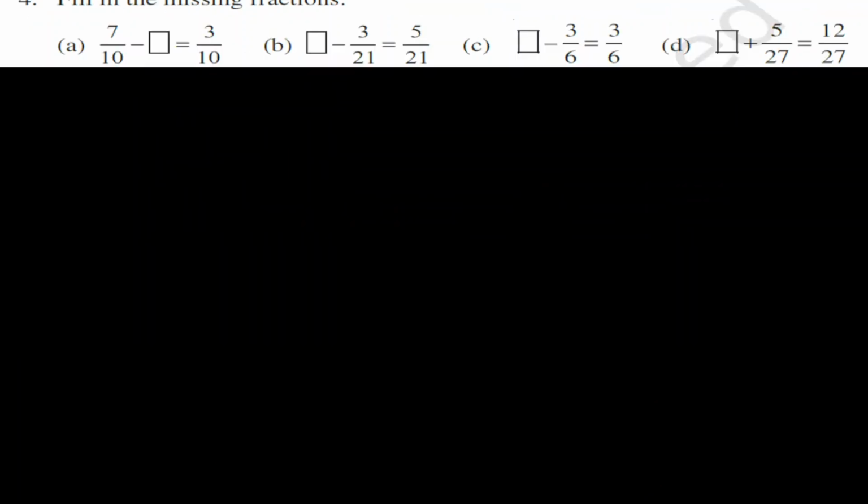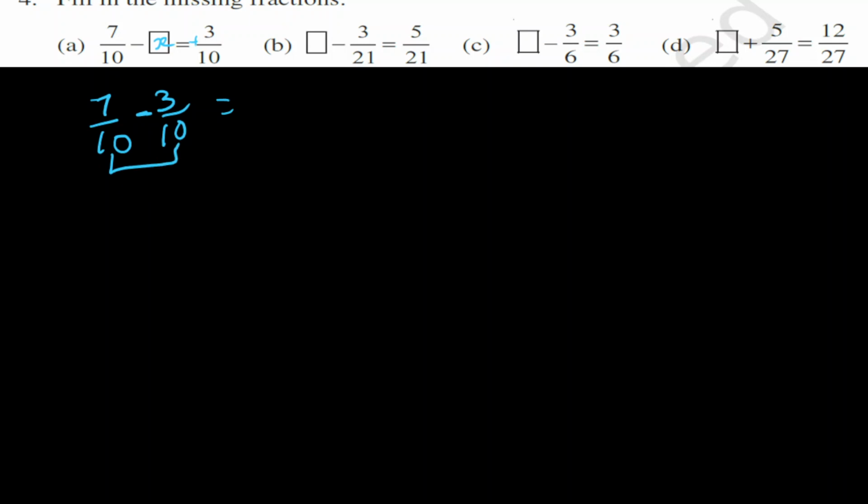And now the missing fractions. Here 7 by 10 minus, suppose this box is x and suppose this 3 by 10 comes here, 7 by 10 minus 3 by 10, because it is a plus sign. If it comes this side, it becomes a minus sign. So 7 by 10 minus 3 by 10.